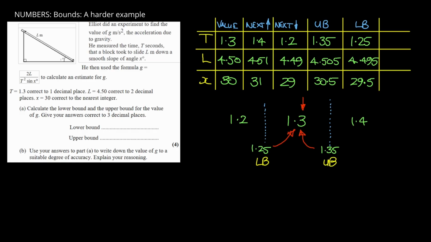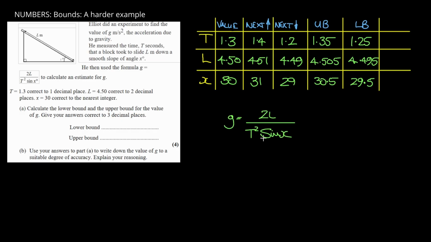Well, that's done most of the hard work, but we've got one more important decision to make when finding the upper or lower bounds of g. So for each of these variables, L, t, and x, we've got an upper and lower bound to choose from. The thing is, when we want g to be its greatest, in other words, the upper bound of g, clearly, because L is in the numerator, we want L to be its highest value.